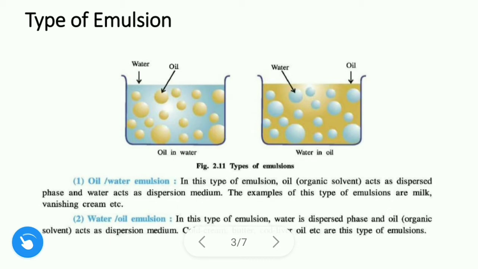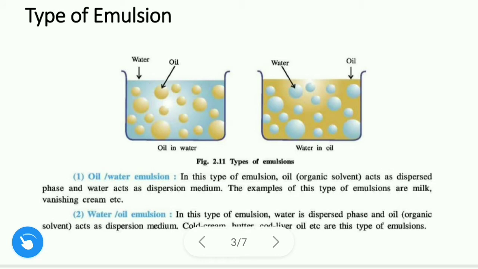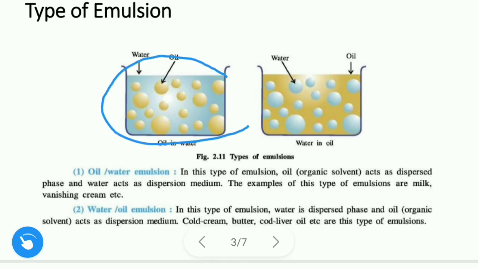Examples of oil in water emulsion are milk, vanishing cream, or others. In oil in water emulsion, oil acts as a dispersed phase, that is, it is present as globules or bubbles, you can say, and water is present as a whole, hence it acts as the dispersion medium.